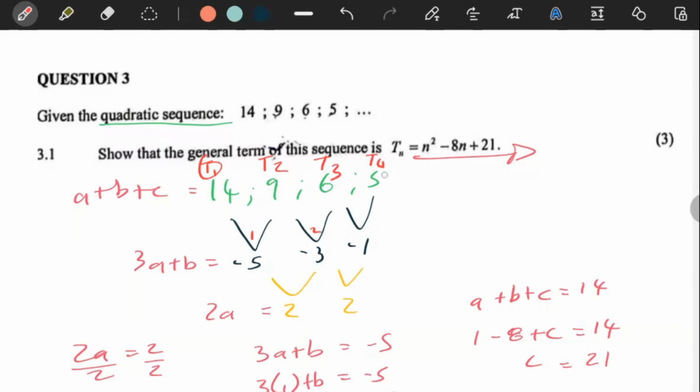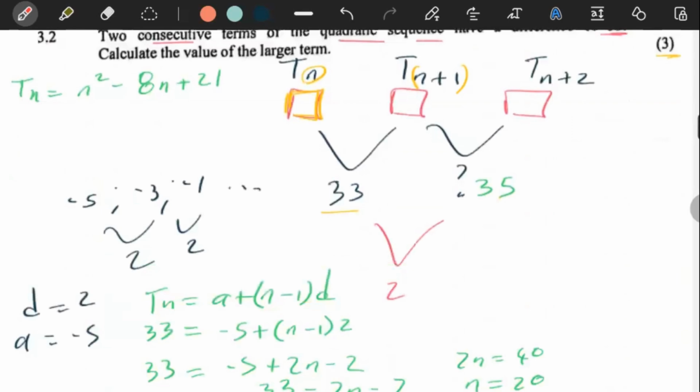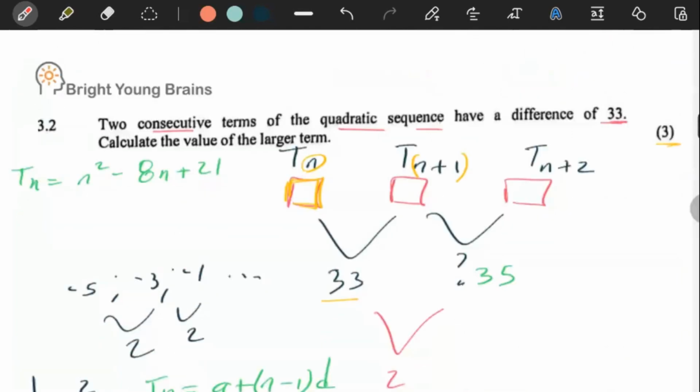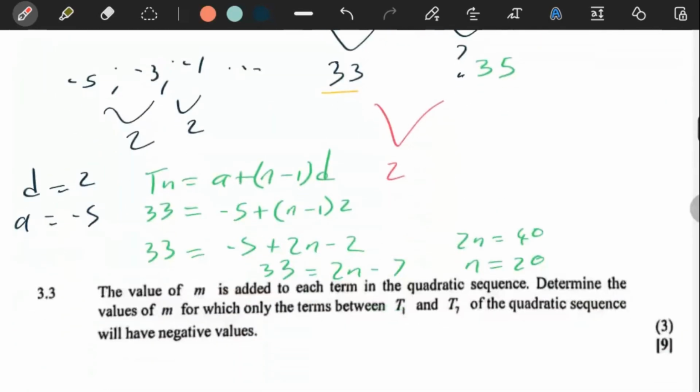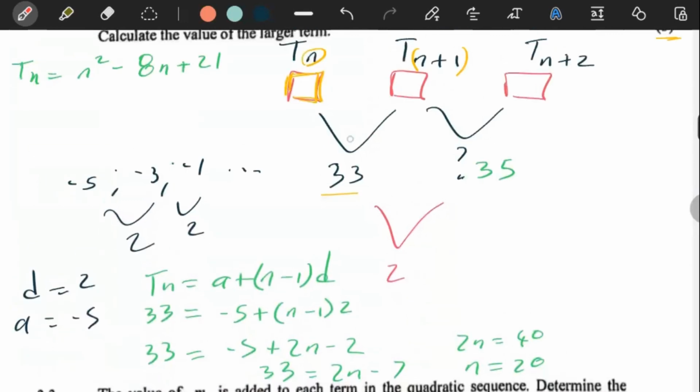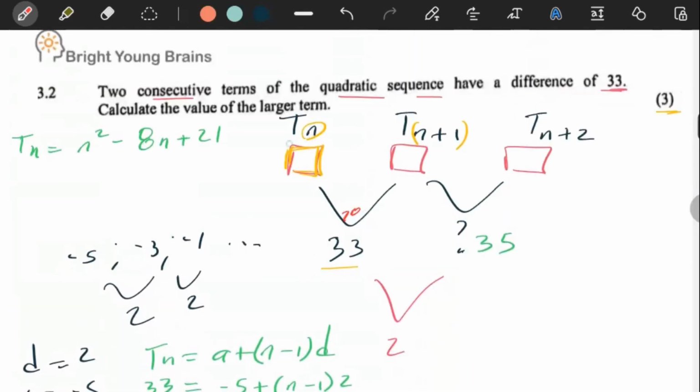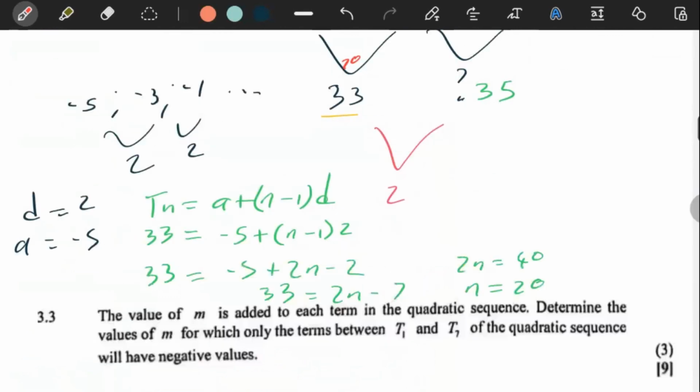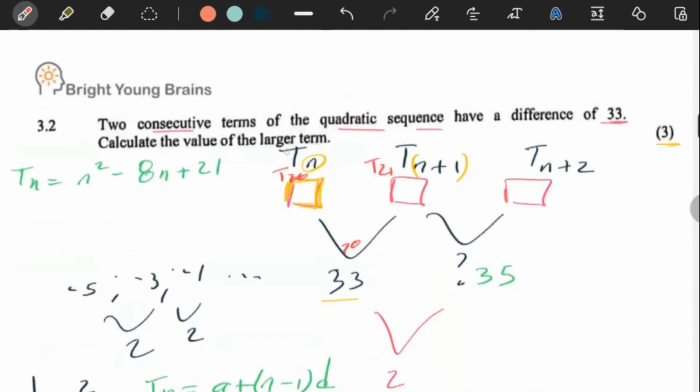Term number 4 and 3 produce term number 3 in the sequence of first differences. Fine. So logically, if this is 33 and you have gotten it in position number 20, it means that this is T20 and this is T21. So you can say here, calculate the value of the larger term.